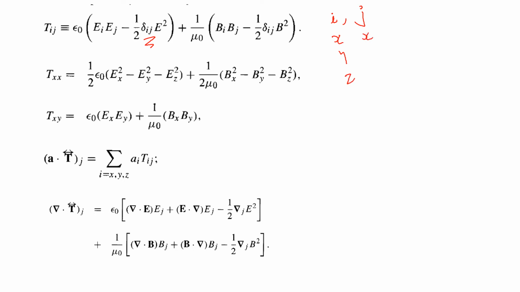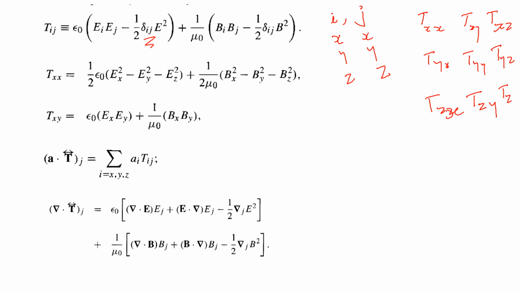So there will be totally 9 components for T_ij, terms like T_xx, T_xy, T_xz. Similarly T_yx, T_yy, T_yz, then T_zx, T_zy, and T_zz.